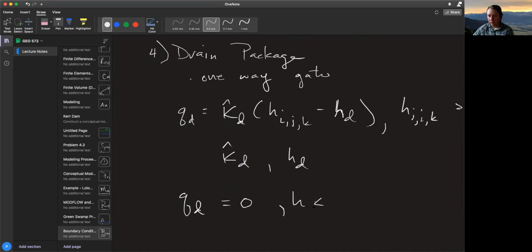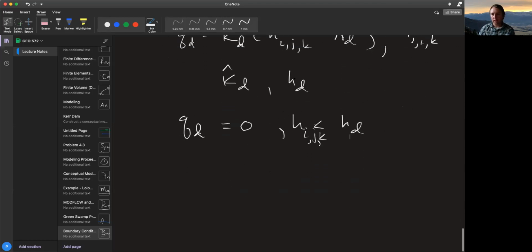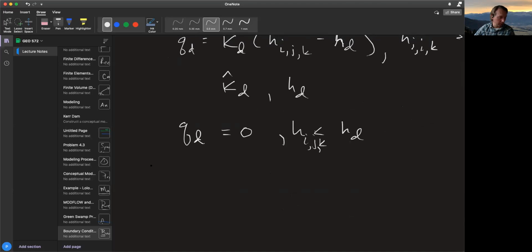So QD goes to 0 when H i, j, k is less than HD. If the head rises high enough, we can flow water out of the spring, but when we drop the head, there's no source of water there. So that's the drain package. The final package we're going to talk about tonight is the ET package.